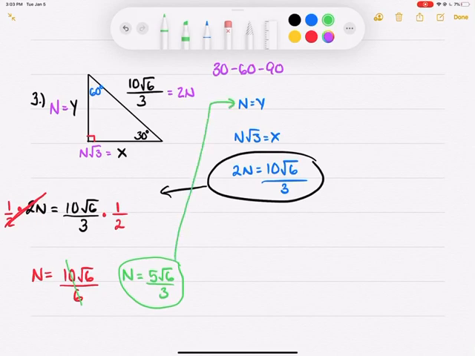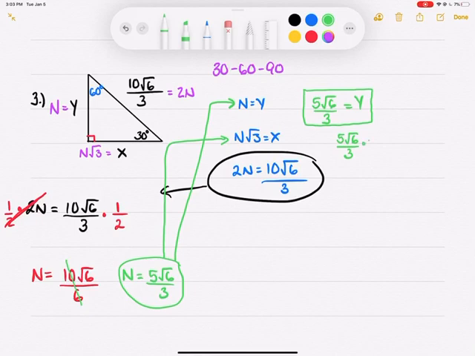So here I have 5 square roots of 6 over 3 equals y. That's the first leg. Easy, just plugged it in, no problem. The second one is to take the value for n again and plug it in. So I have n, which is 5 square roots of 6 over 3.